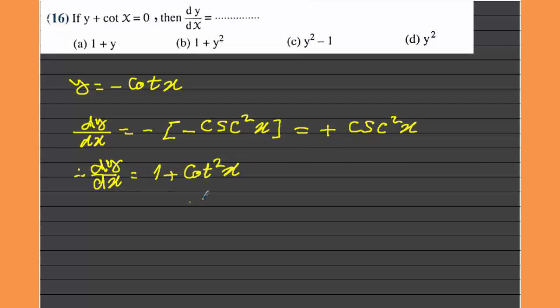So dy/dx equals cosec square equals 1 plus cotan square x, of course. And the cotan square, by squaring the two sides, equals y square.